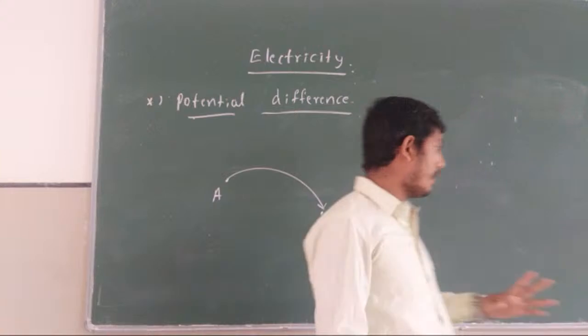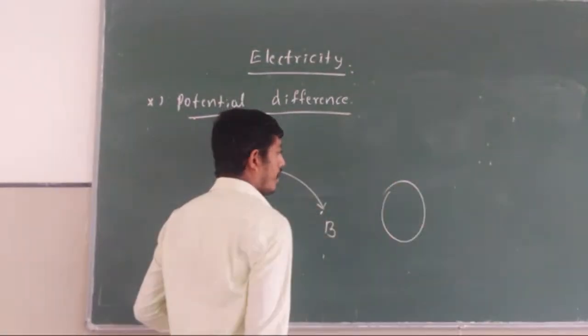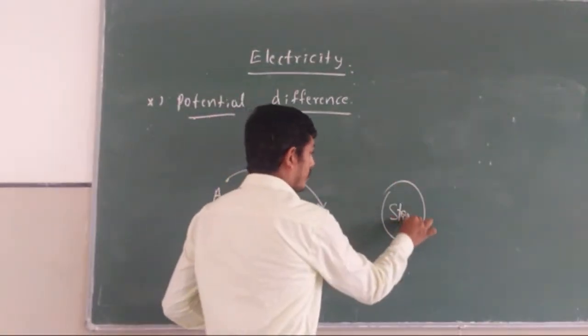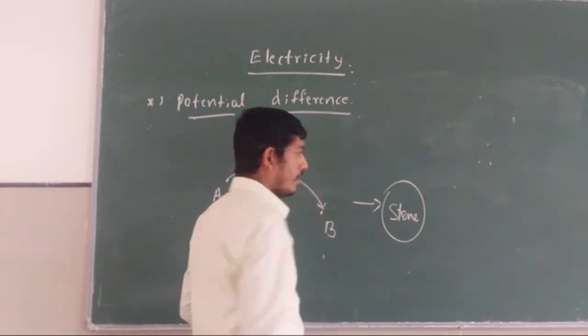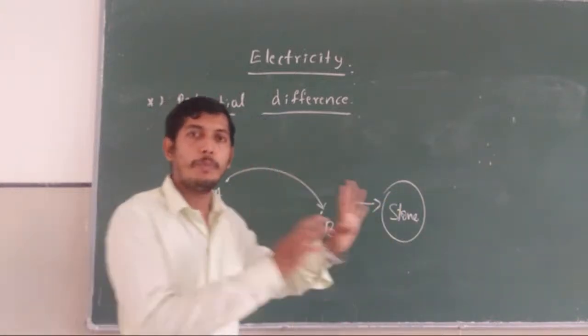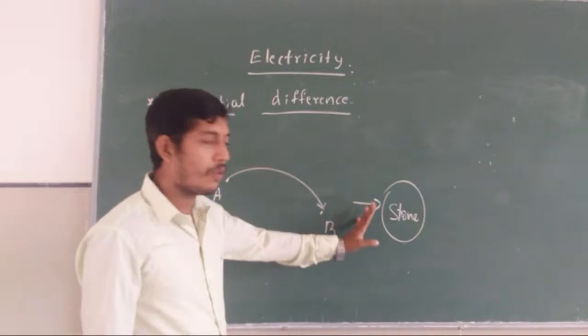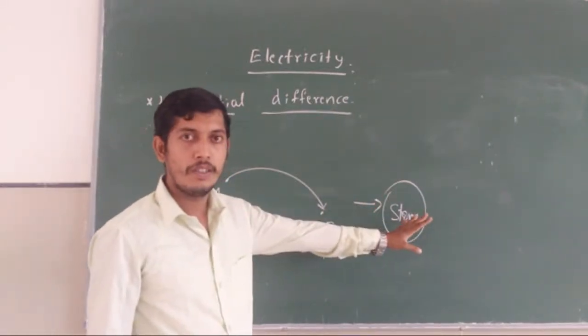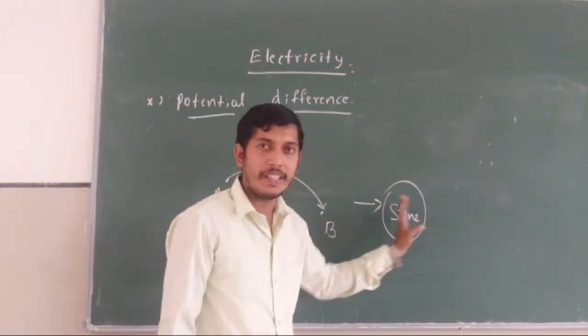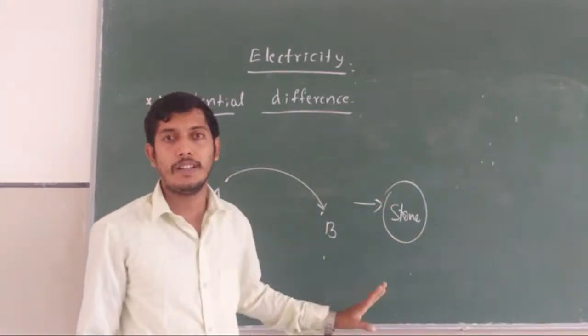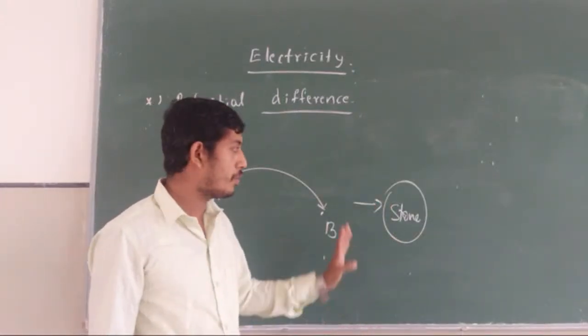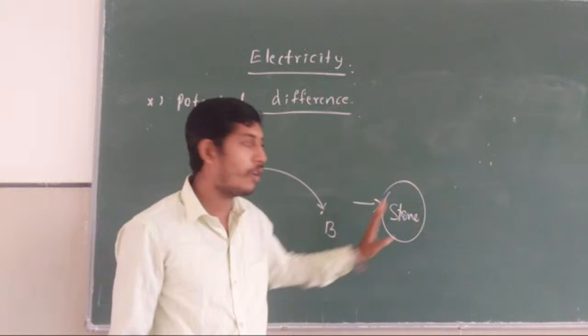Because if you consider a big stone and you want to move it, what do we have to do? We have to put pressure on it. When you put pressure on it, it will move. That movement is nothing but work done. How much work done? That equals how much the stone is moved from its original point.